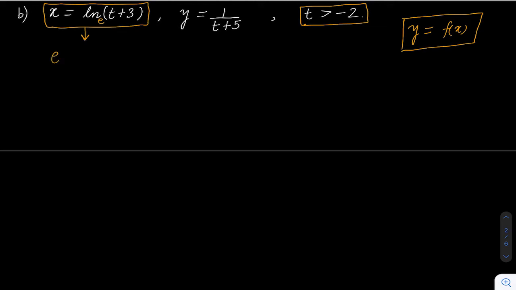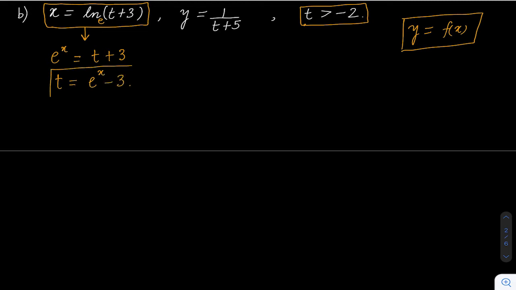So this becomes e power x equals t plus 3. Both equations are exactly same. No difference is there. So we can always convert logarithmic equation into exponential and exponential into logarithmic. So if you have done the log chapter or exponentials and logs, then you understand this. Okay, so from this, my t value is e power x minus 3.